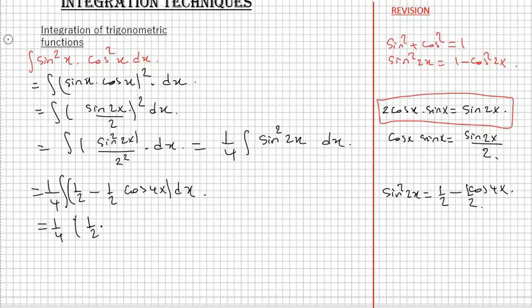So I got half, so x over 2 minus, so the integration of cos gives sine, so I also have half in front, and then when I integrate I have to divide what I have here by the coefficient of x, which is 4 in this case, so I need to put 4 on the denominator.